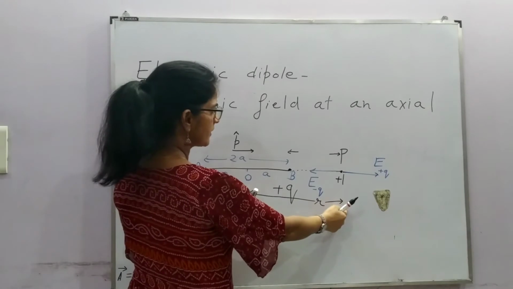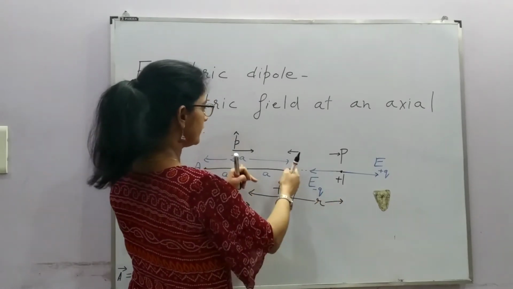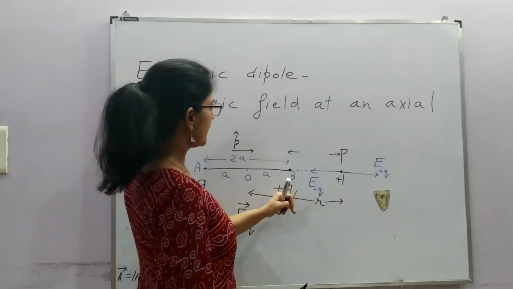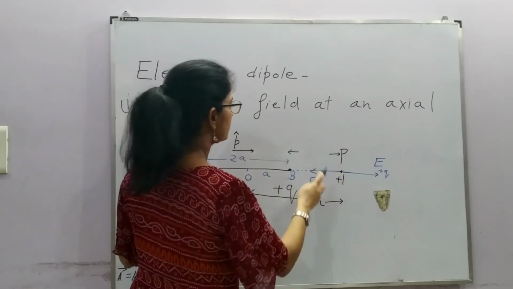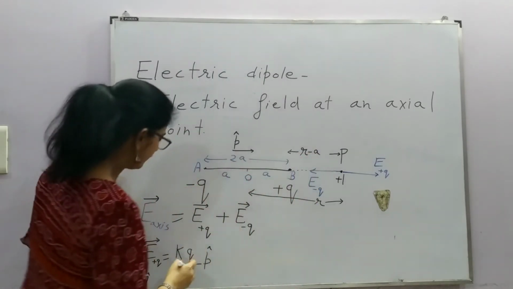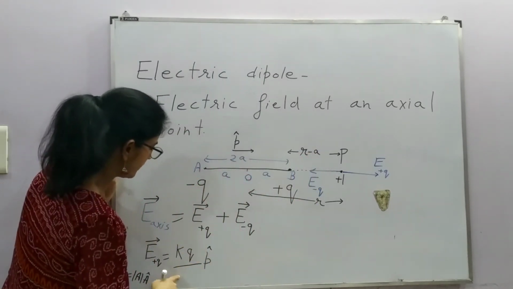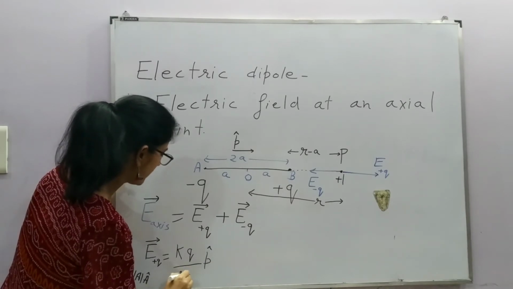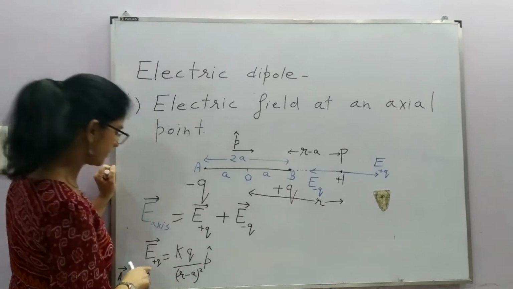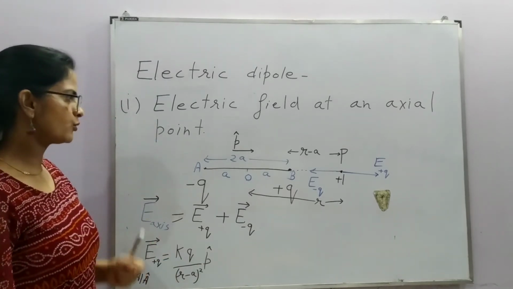This separation is R. This separation is A. So the separation between plus q charge and point P is R minus A. So I will replace the distance by R minus A whole square. This is the electric field due to plus q charge.